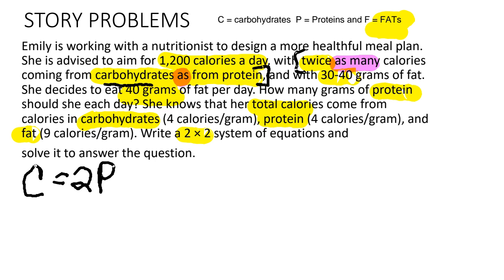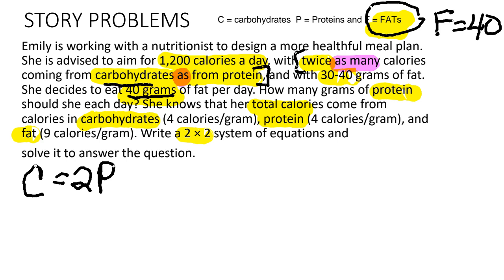That's why it's 2P. The noun between the phrasing as many and the word as is carbohydrates. That's the C. That is our first equation. Now, we notice that fats, she's made a choice. So our fats are going to be 40 grams. Okay, we know that. Now, we need a second equation.